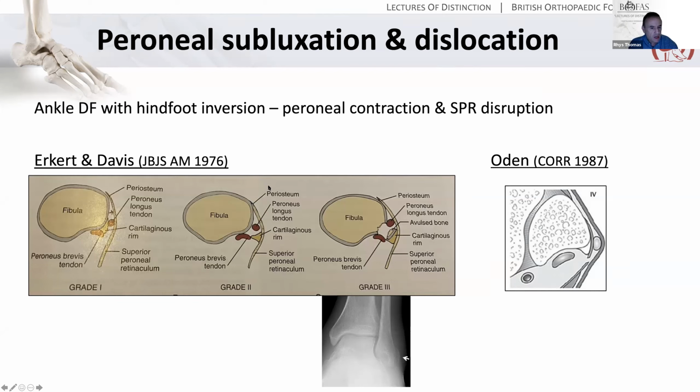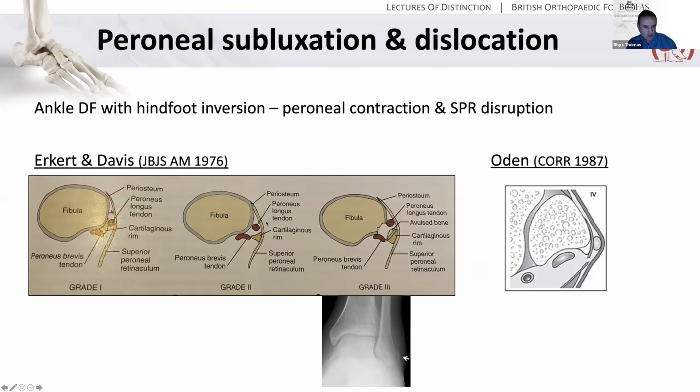graded into three different anatomic grades. The most common of which are grades 1 and 2, where the superficial peroneal retinaculum is stripped with the periosteum off the fibula, allowing a space for the peroneal tendons to sublux into. In the first type, the cartilaginous rim remains attached to the fibula.